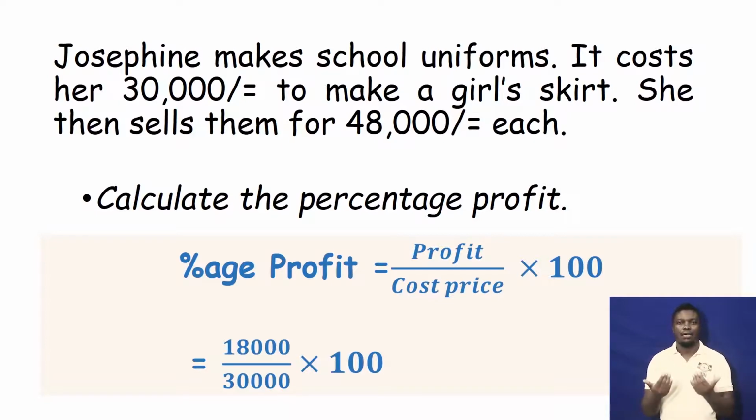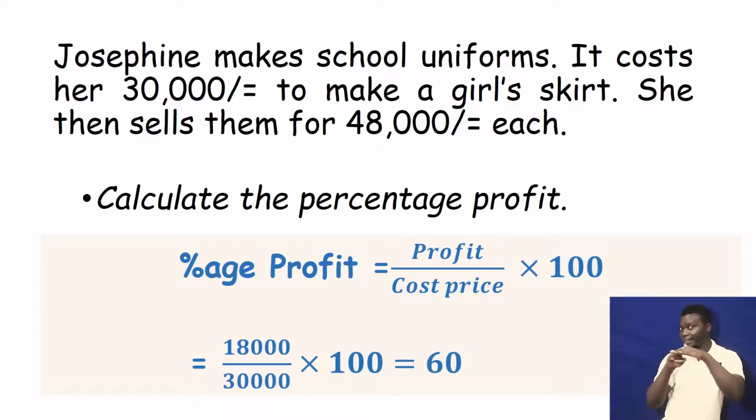And our profit, we've already got it as 18,000 divided by the cost price, which is 30,000 multiplied by 100, and that will give us a profit of 60%.